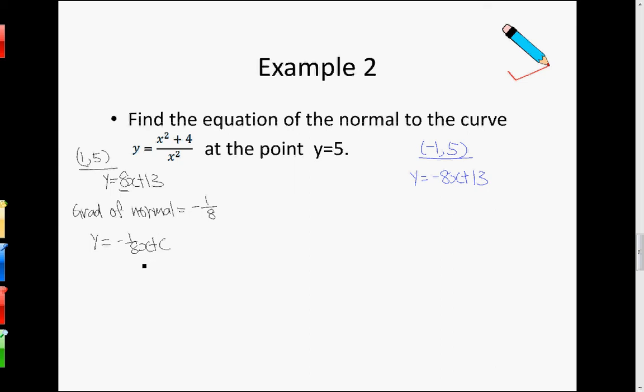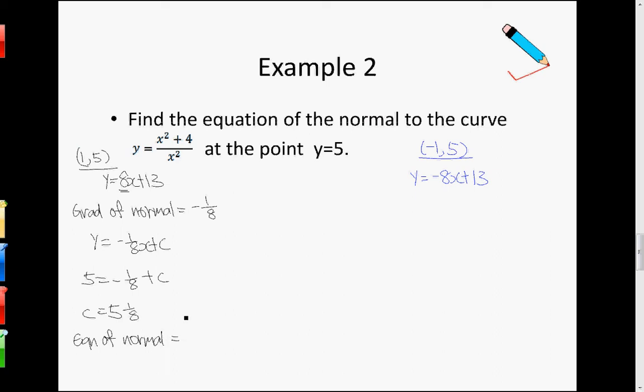All I have to do is to sub in the coordinates. So y is 5 and x is 1, so 5 equals negative 1 over 8 plus c, and c would just be 5 and 1/8.